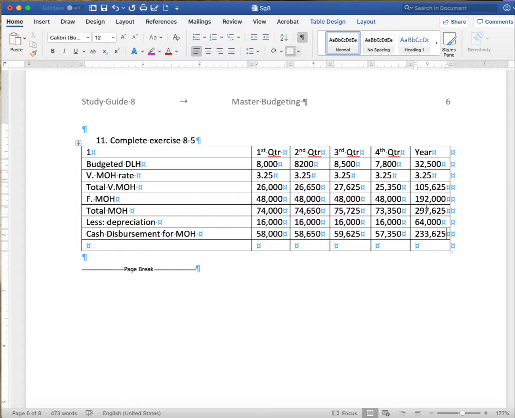Whew. Now, we need to figure out what is our predetermined overhead rate. Very easy for us to do. So what I'm going to do is, and you can do this as well, just put a couple lines, and we're going to say what is our total budgeted MOH for the year.